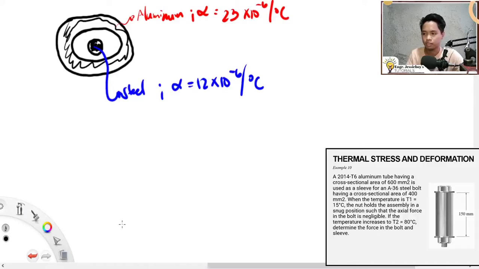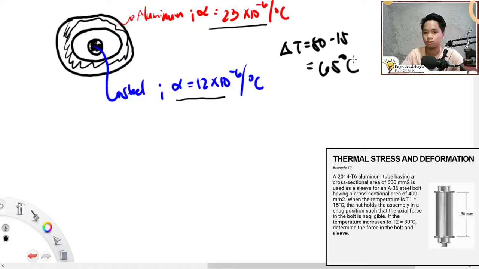Side view. The free body diagram of this is, let's try to investigate your alpha. Your change in temperature is equal to 80 minus 15. That is equal to 65 degrees Celsius. Right?